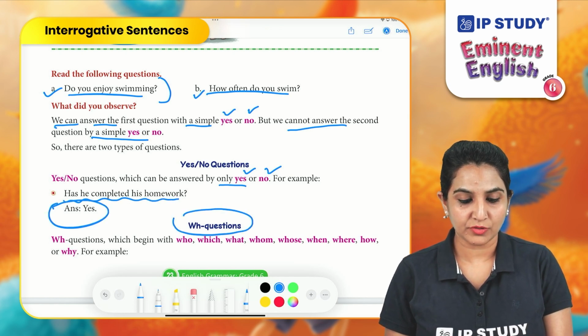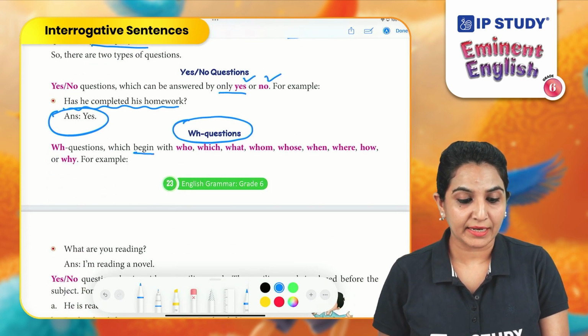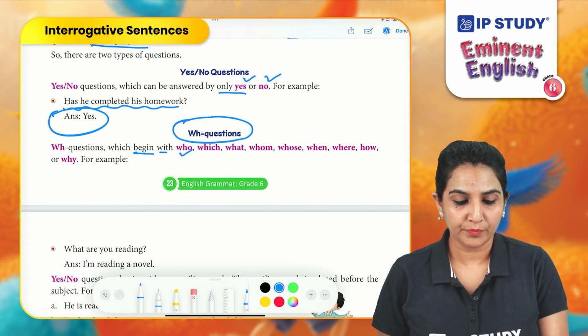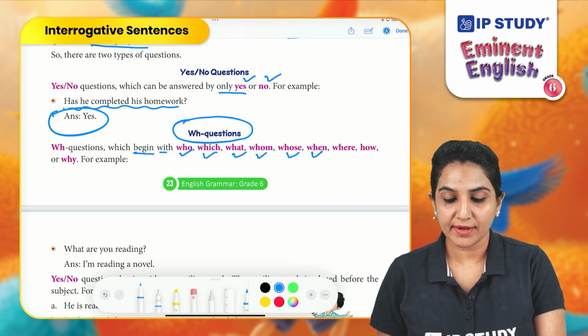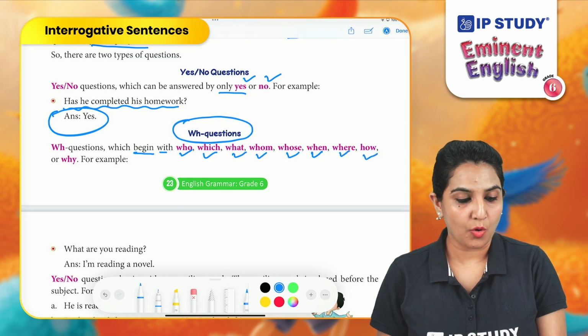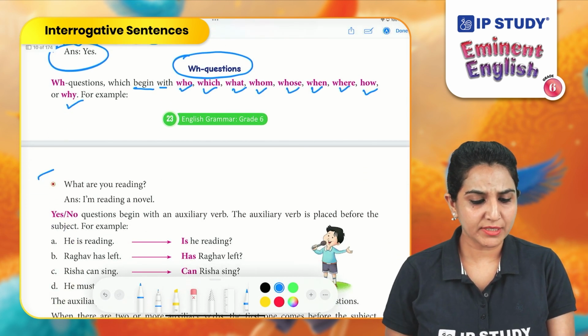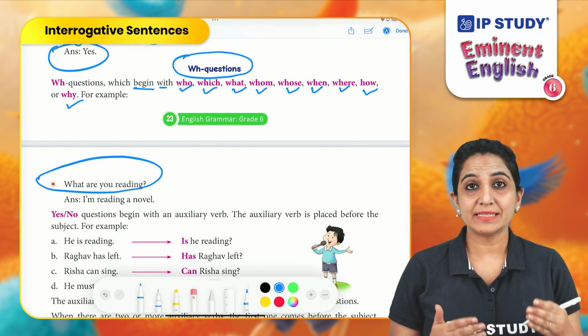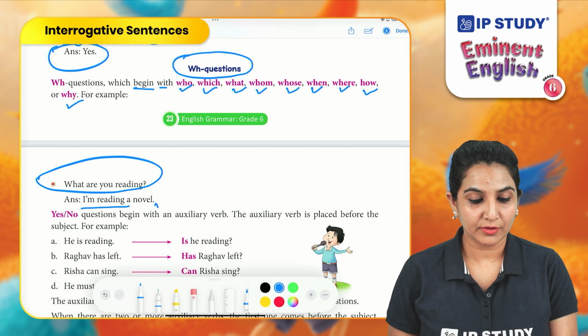WH questions are those which begin with who, which, what, whom, whose, when, where, how, or why. For example, what are you reading? Now this needs more information. I am reading a novel.